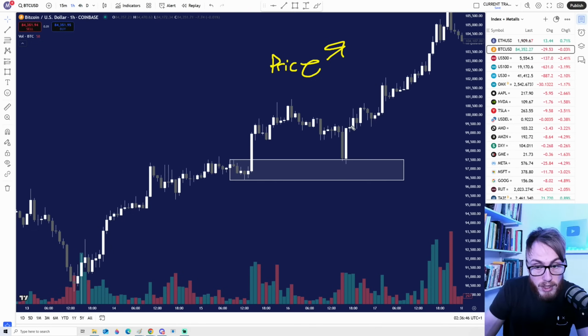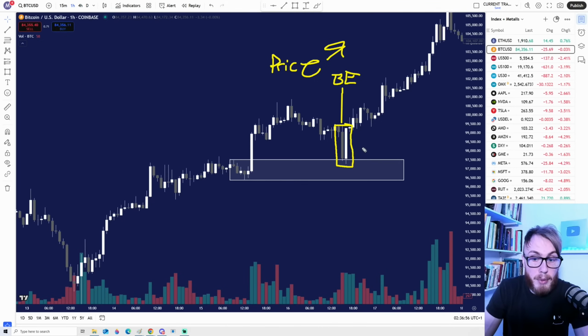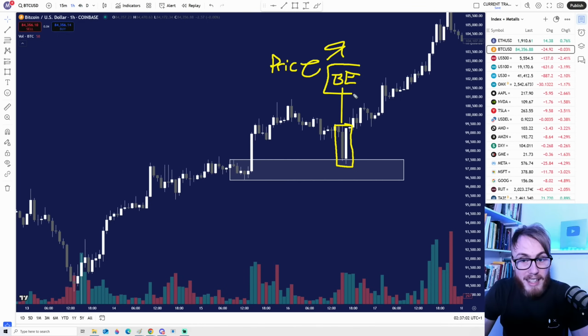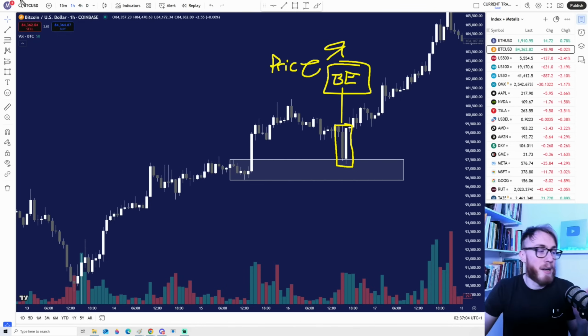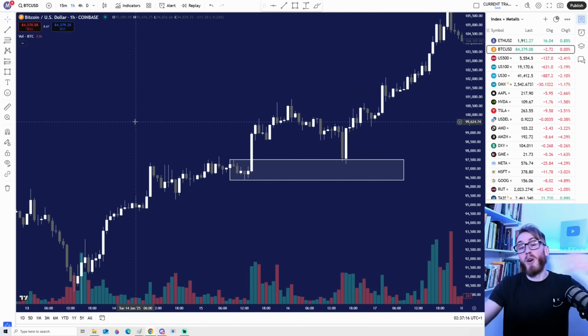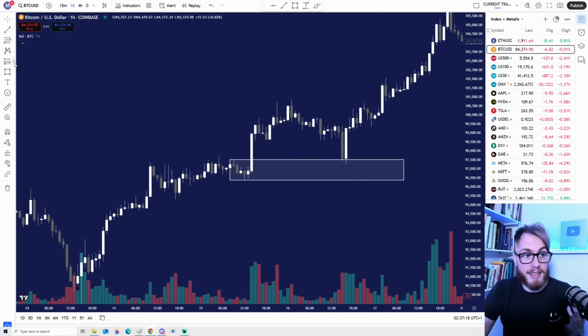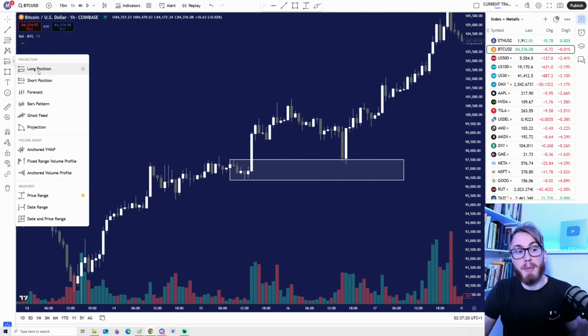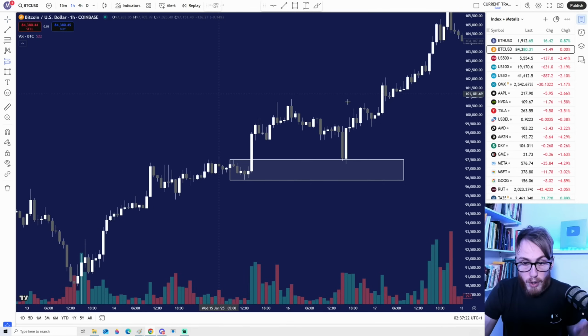And if you look closely right here, if you look at these 2 candles, we can actually see that this is what we call a BE, or in other words a bullish engulfing pattern. This is a bullish Japanese candlestick pattern indicating a move here towards the upside. So here we actually had yet another bullish sign indicating a move upwards. So after we have seen all of these bullish signs at the same time, we're ready to actually buy, we're ready to use our long position.